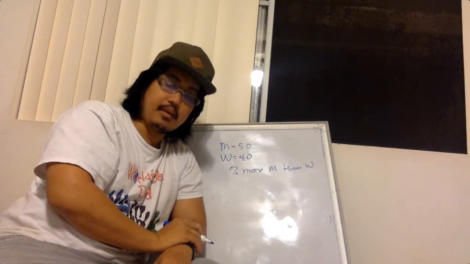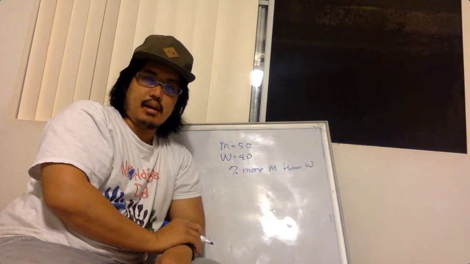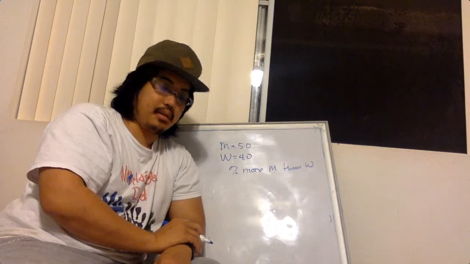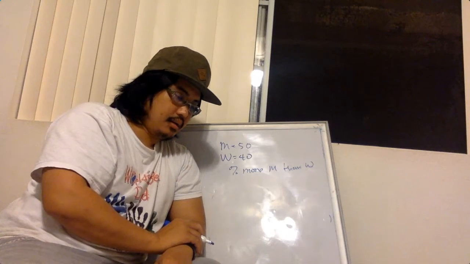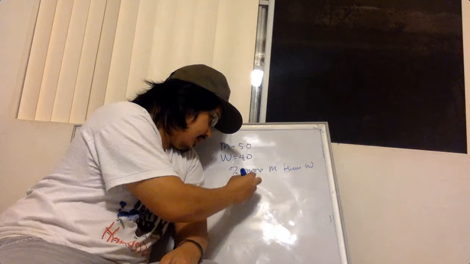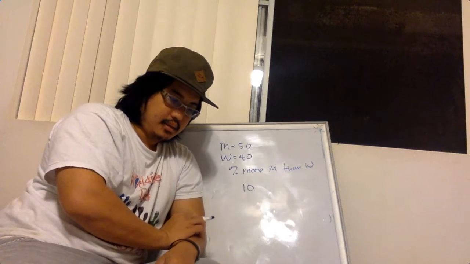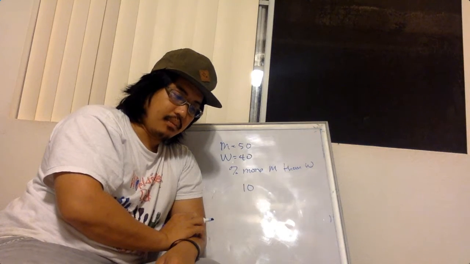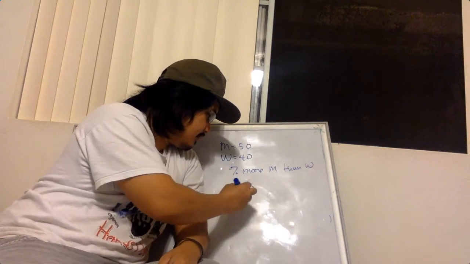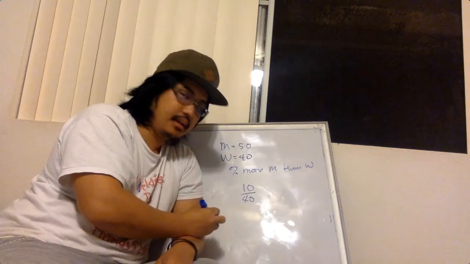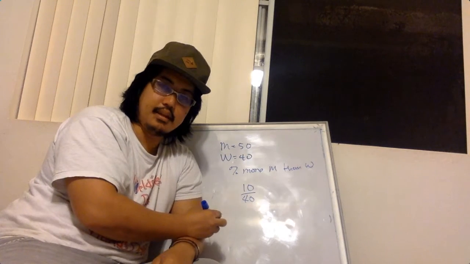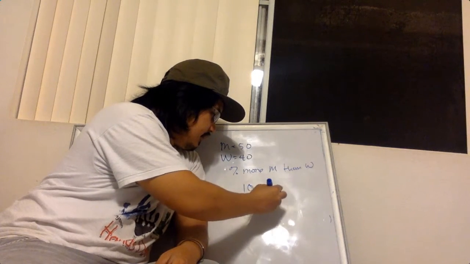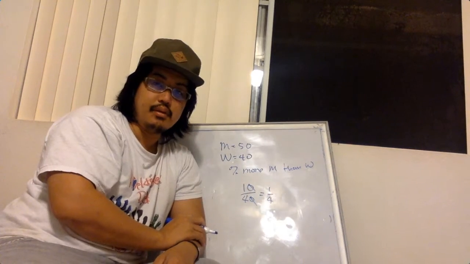All right, I guess my question is, how many more men than women are there? There's 10 more men than women. And so let's express this as a percentage of the number of women. So there are 40 women altogether. Really, I'm asking you what is 1/4.